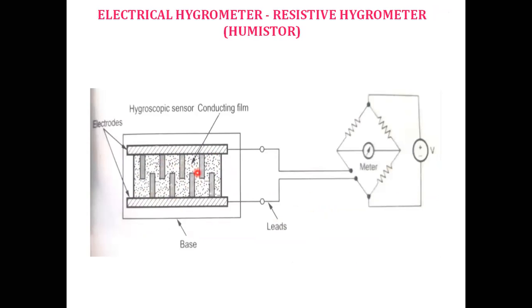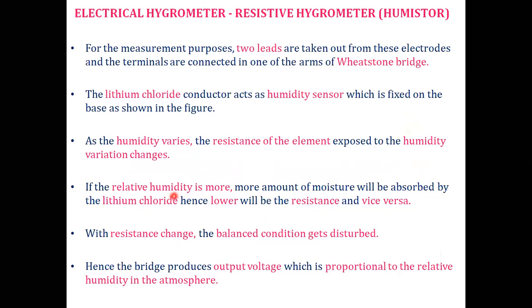If it absorbs more humidity, then the resistance is very low. If the absorption of humidity is less, then the resistance is high. That is the point given here. If the humidity is low, then higher resistance will be observed there.